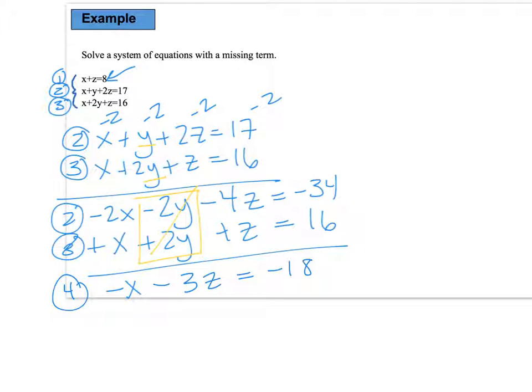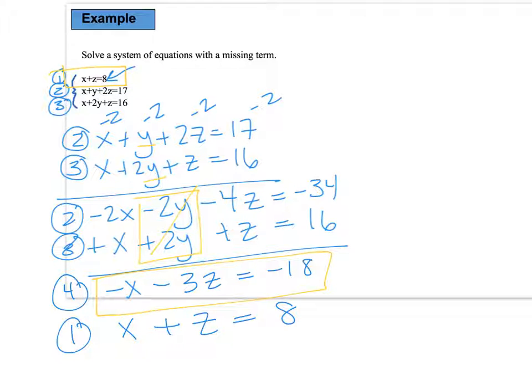Now what I'm going to do is take my new equation 4 and equation 1, and add them together to eliminate one of the variables, since I only have 2 variables in both of those. So I'm going to take equation 4 and equation 1, which is x plus z equals 8.